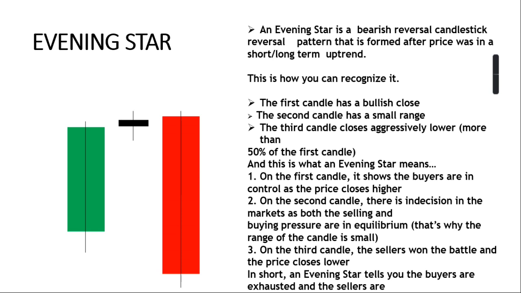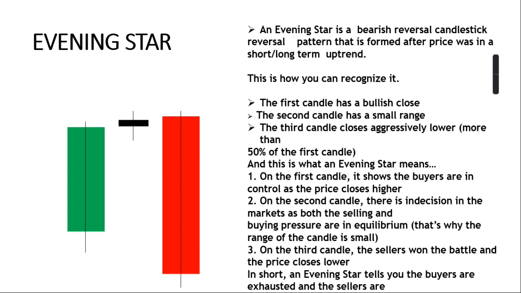Like that, it can show you that there's selling pressure coming in, and the market is about to reverse. Remember, these are reversal patterns, and you have to look to find this when price was going up. And when you see this at resistance, then you have some confluence.